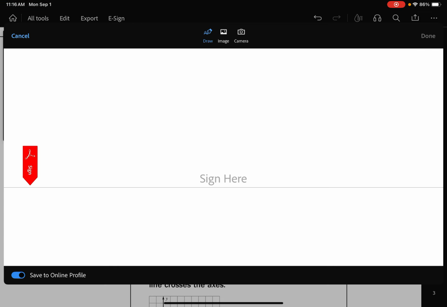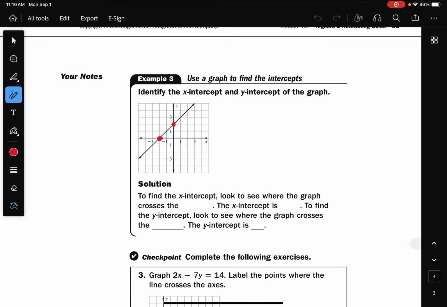Okay, well, oh, the joys of technology. So this is your x-axis, right? So you're going to see where it hits this x-axis. It hits that x-axis at -2, but I want that as a coordinate. And if it hits the x-axis, we have the x-coordinate in -2, 0, and we're going to note that's the x-intercept.